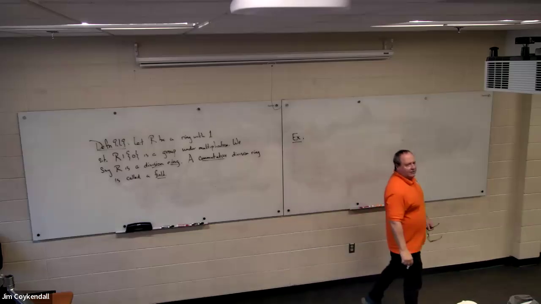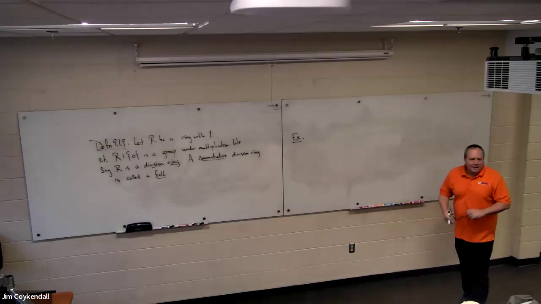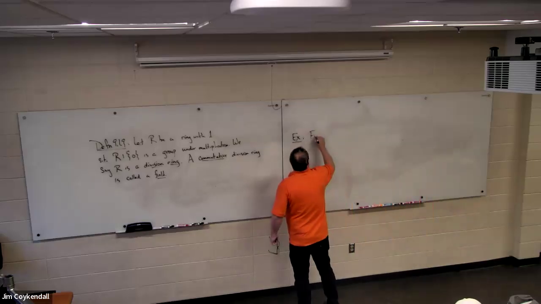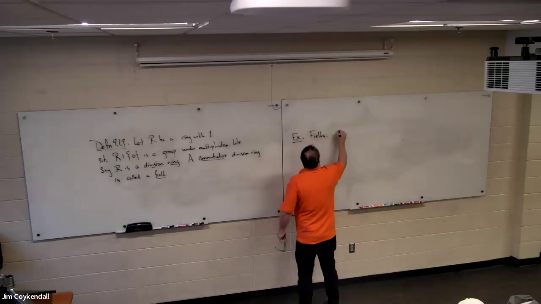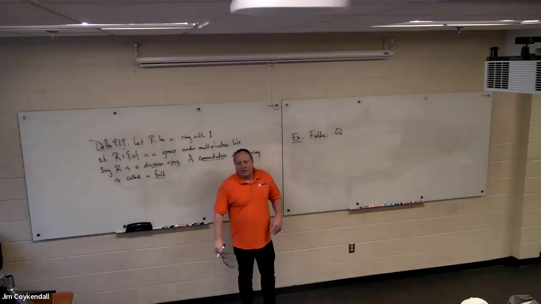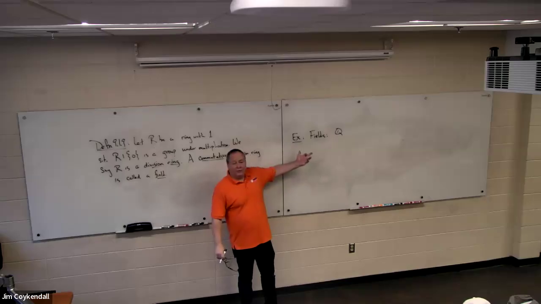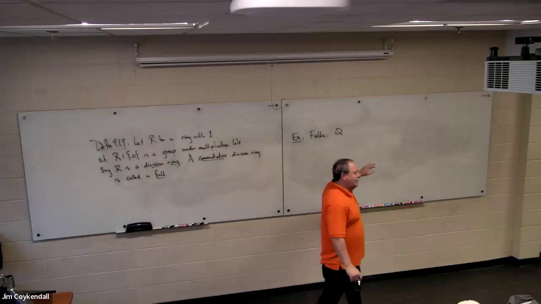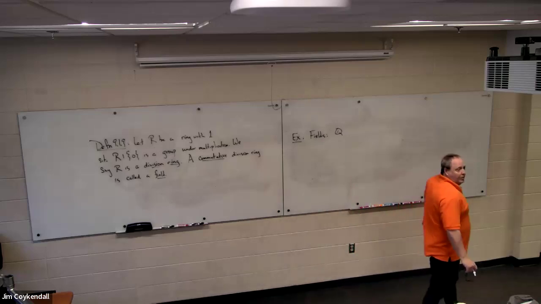Could somebody give me an example of a field? Okay, great example. Rational numbers, right? Because this is certainly a commutative ring with one, and if you have any non-zero rational number, it's invertible, right?